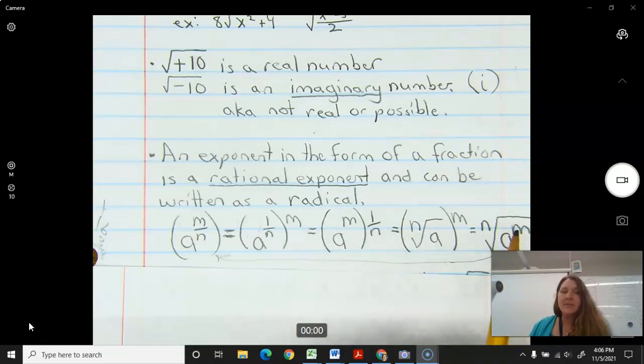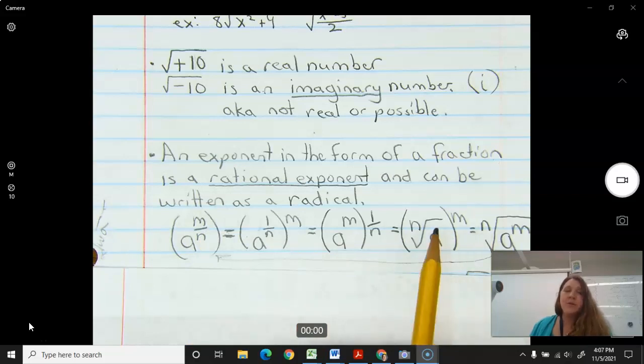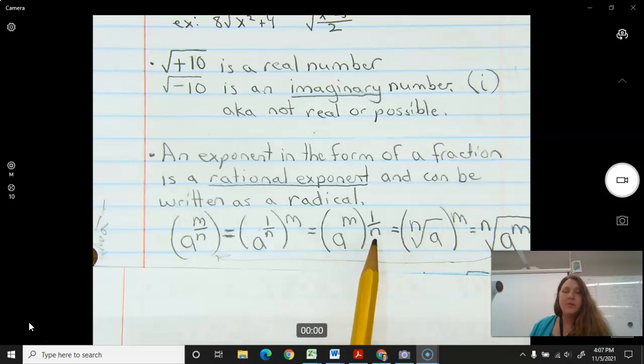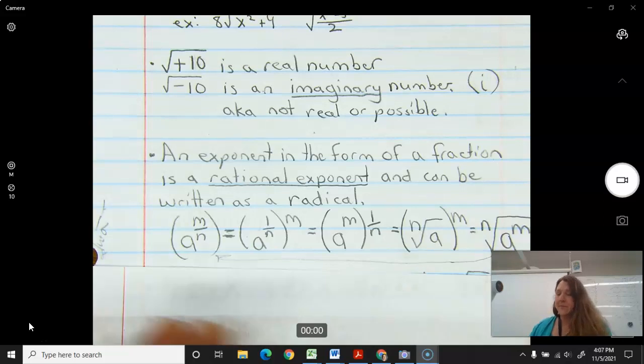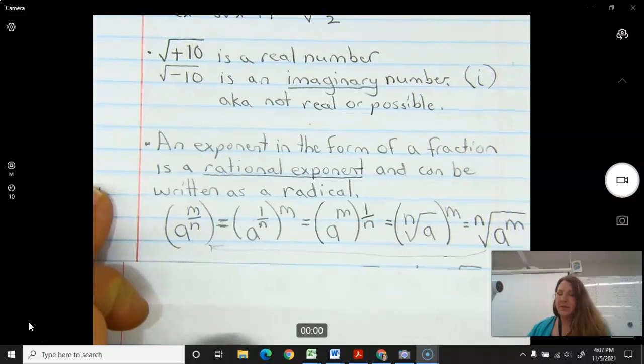So regardless, if m is a 3, well, then you would have a 3 here, a 3 here, a 3 here, and a 3 here. If n was a 2, then you'd have the 3 here and the 2 here. The 3 and the 2, or the 3 and the 2. So these are different ways of writing the same exact thing, and you can interchange them between there.